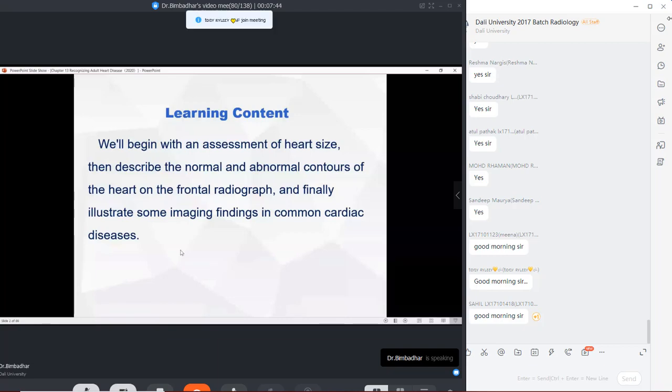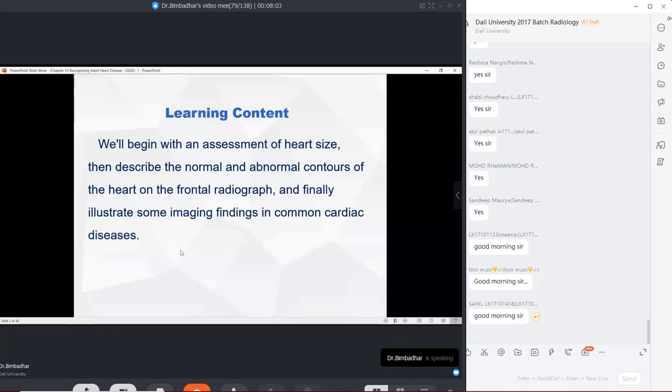Now, in any simple problem, we generally have to make sure if the heart size is normal or abnormal. We know about the contours and borders of the heart already.